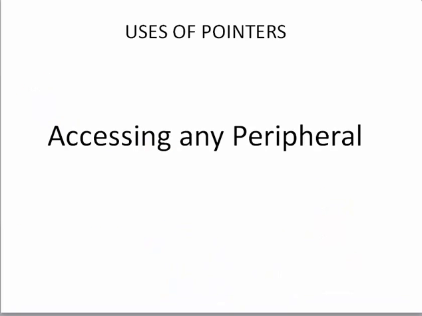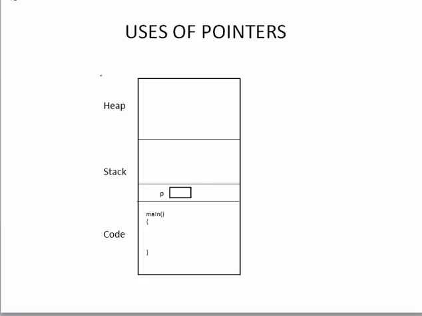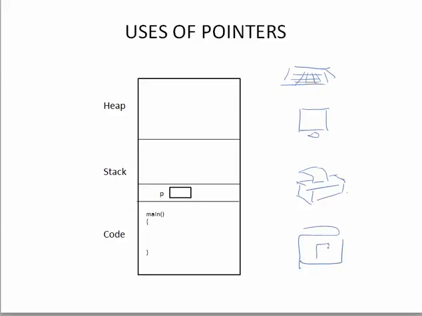Next, accessing peripherals. If a program wants to read data from the keyboard, or write any output on the monitor, or write anything on the printer, or access a file on a disk, for any of these operations we require a pointer.